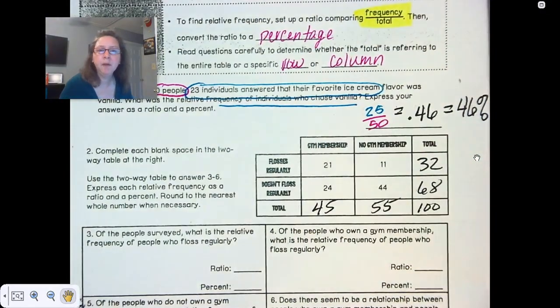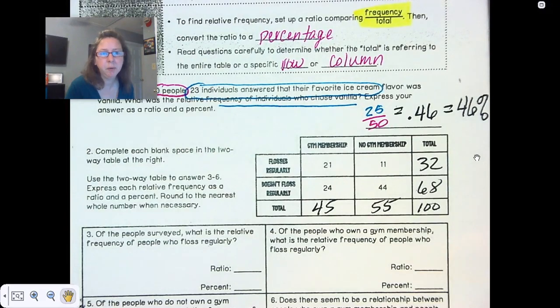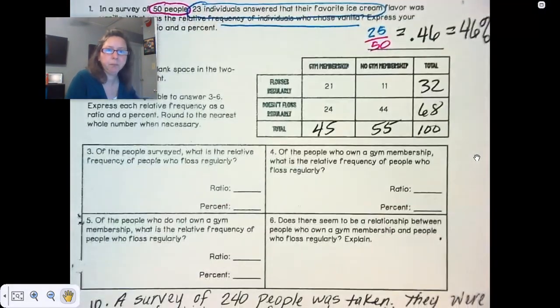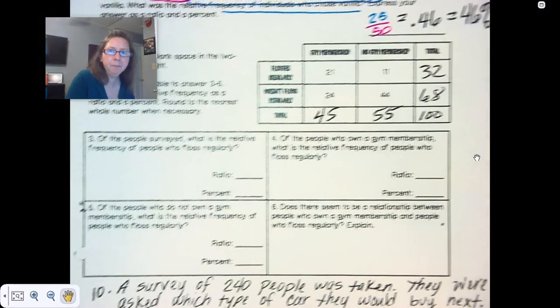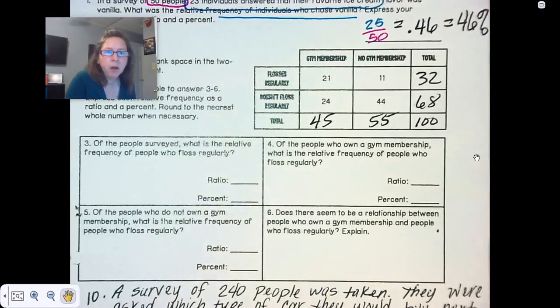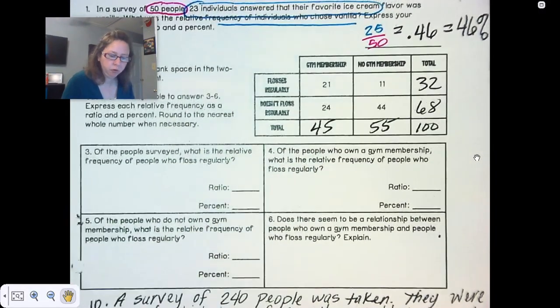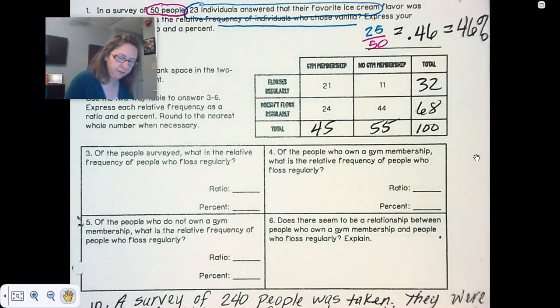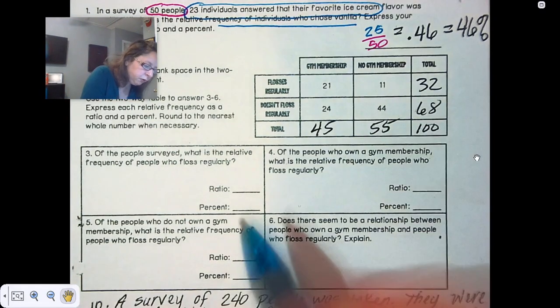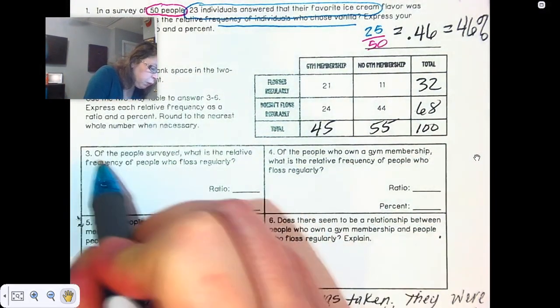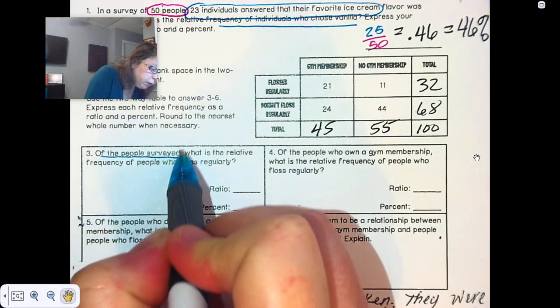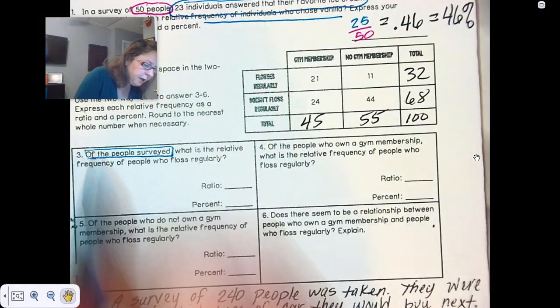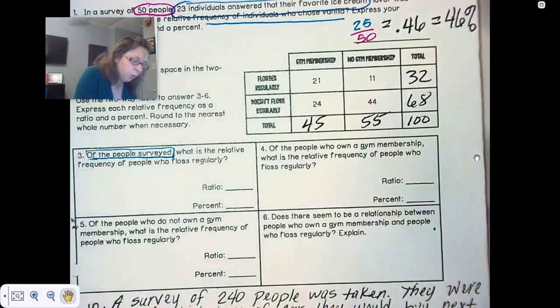All right, so now that you have filled in the frequency table, we are going to use this table to answer the following questions. Okay, so of the people surveyed, and this is key, of the people surveyed, so they want the total number of people surveyed, which will be 100.